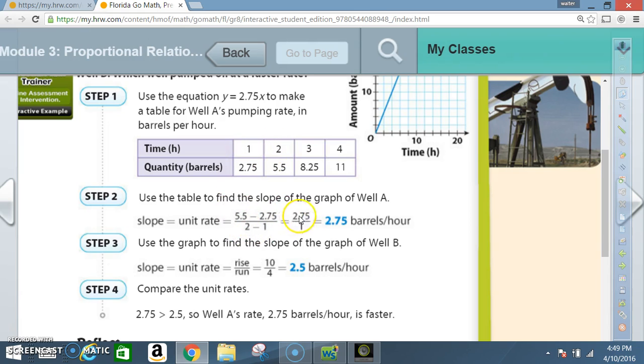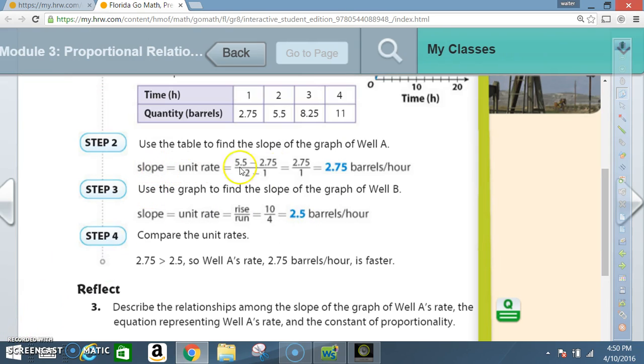So we end up with 2.75 divided by 1. And if we did that for 8.25 minus 5.5 over 3 minus 2, and 11 minus 8.25 over 4 minus 3, we would still come out with 2.75. All right then, for well A, we know there's 2.75 barrels per hour.